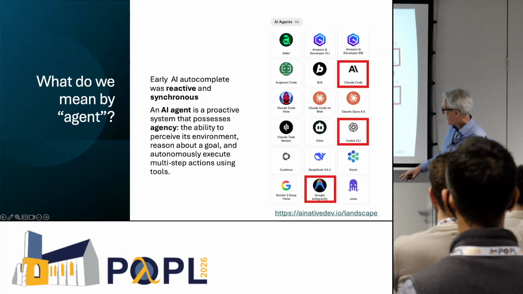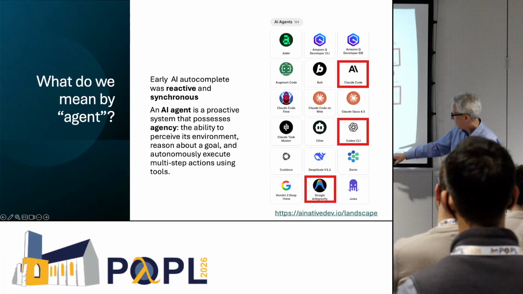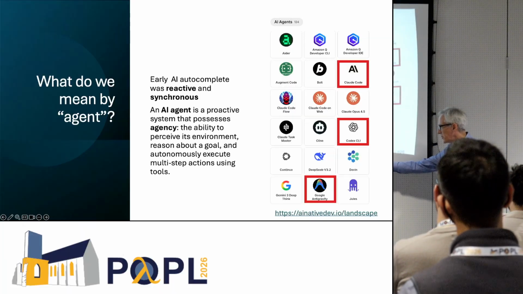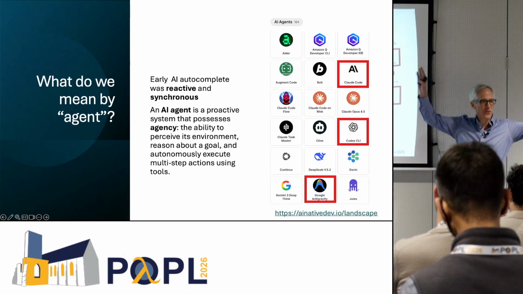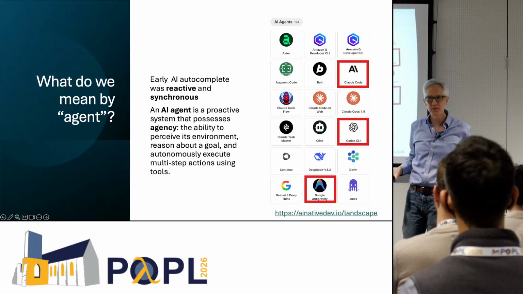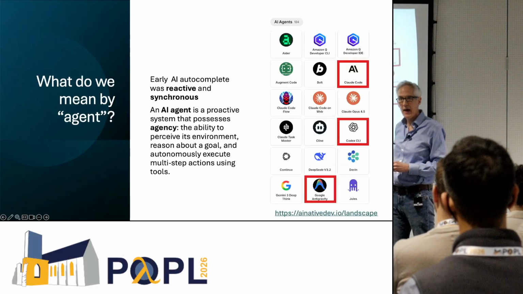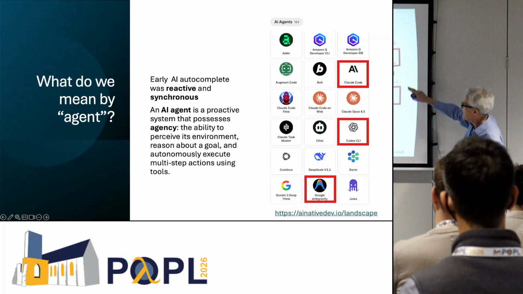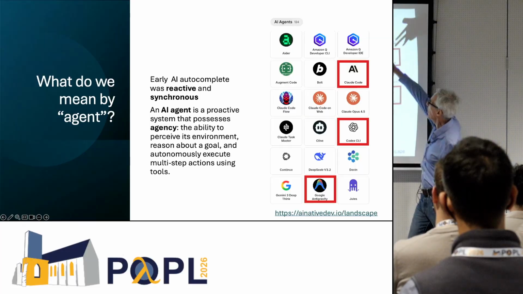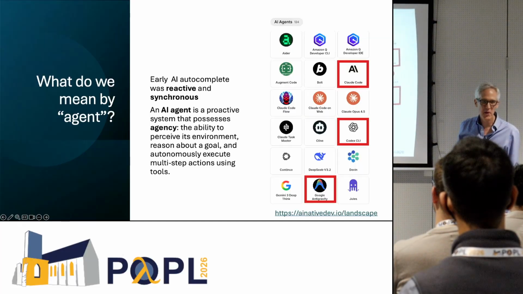There's a group in London that hosts something called the AI Native Dev Landscape, a great website that is a kind of roadmap, a landscape of lots of different AI tools that are being developed in academia and in industry. And this is a screenshot of different AI agents. I think there's 124 on their roadmap, but I'm highlighting some of the famous ones.